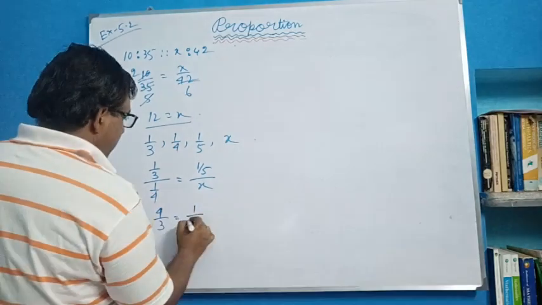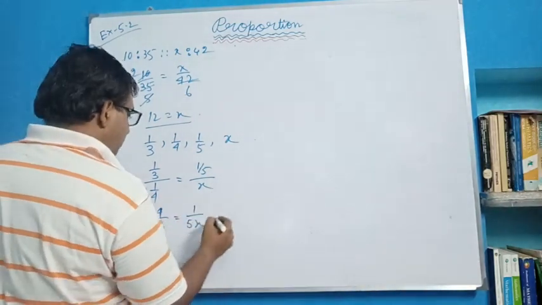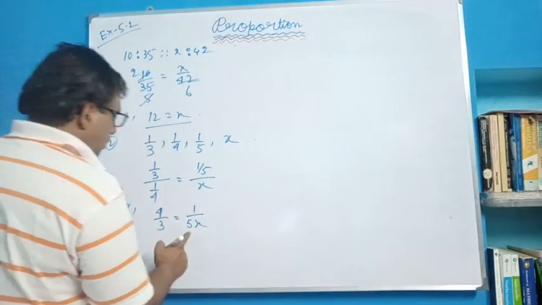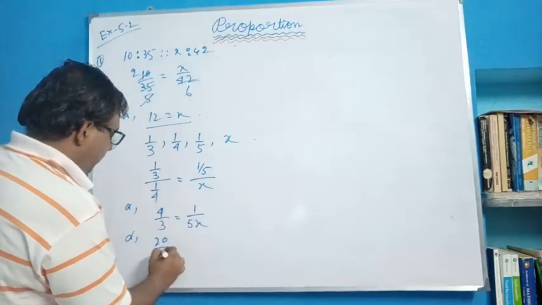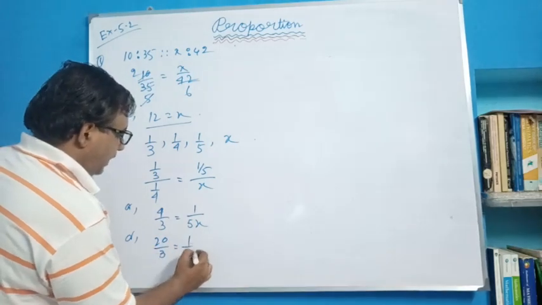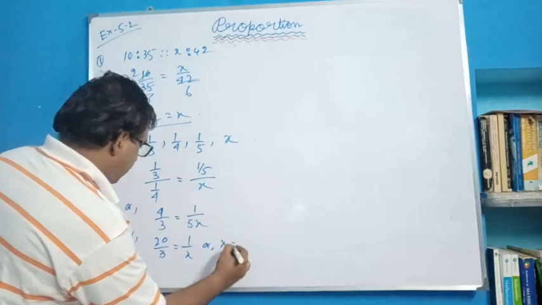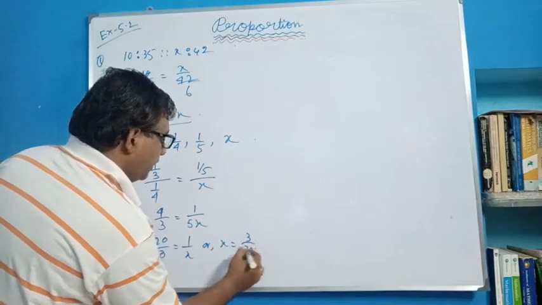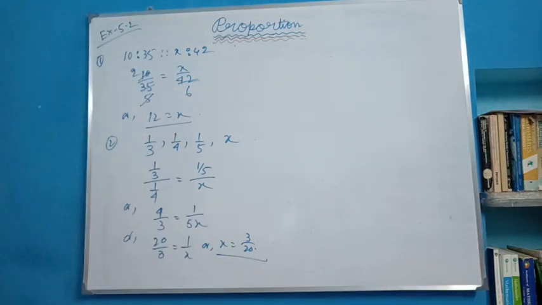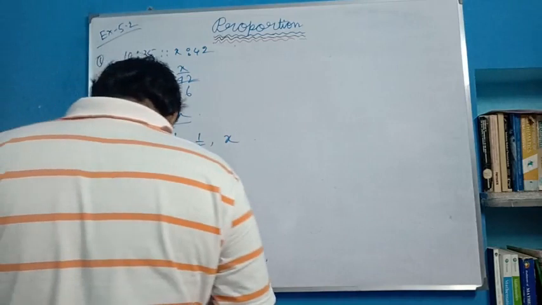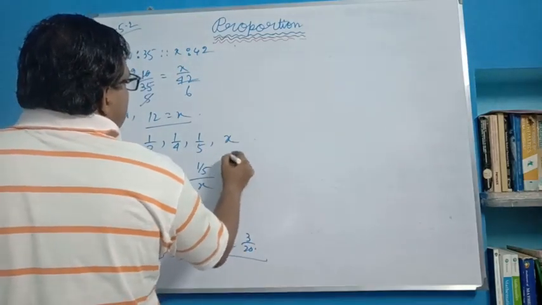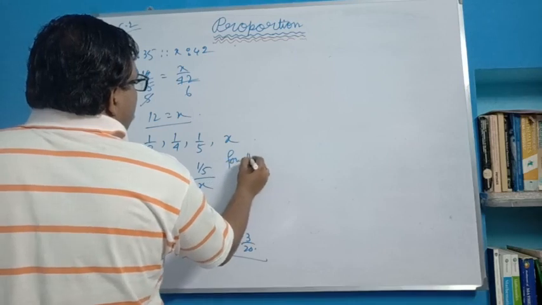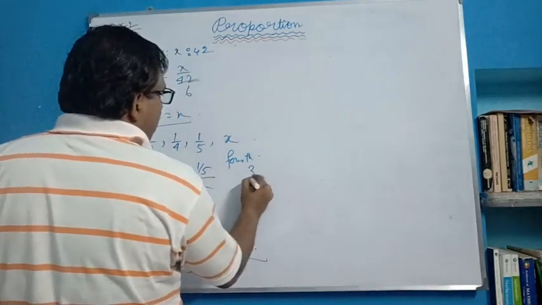And this is 1 by 5x, or 20 by 3 is equal to 1 by x. Therefore, x is equal to 3 by 20. So the fourth proportional is 3 by 20.